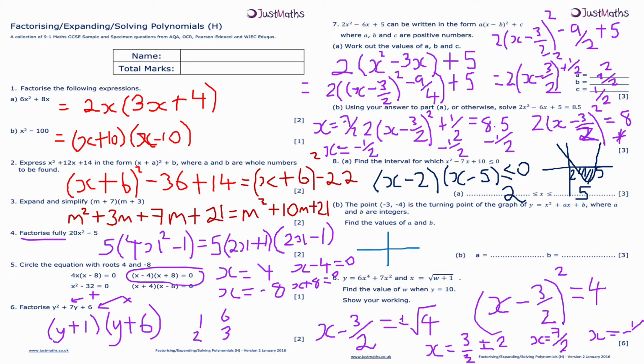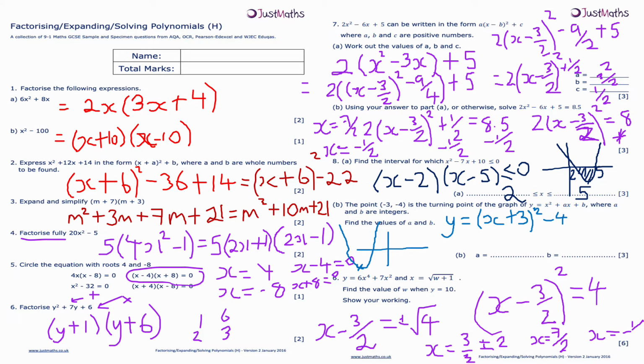Looking at our values of x and y, we're going to have that y is equal to x plus 3 all squared, because it is a quadratic, minus 4, because if I work backwards, the coordinates of my minimum point would be -3, -4, which is what this graph is representing.